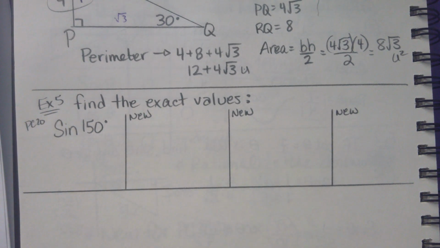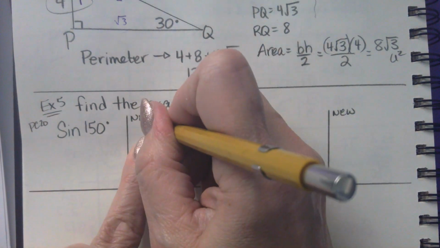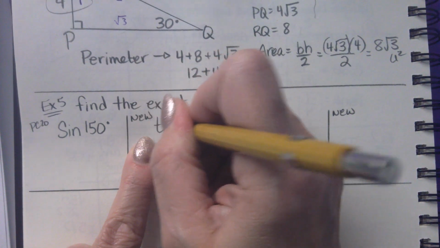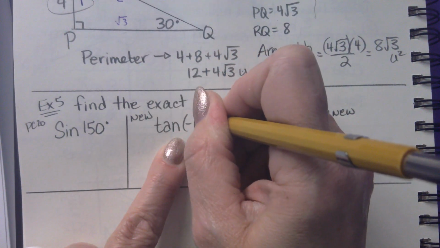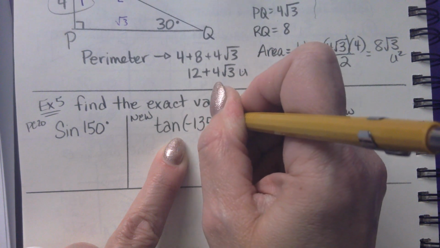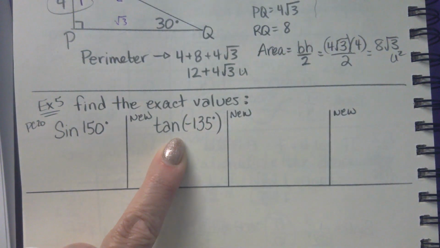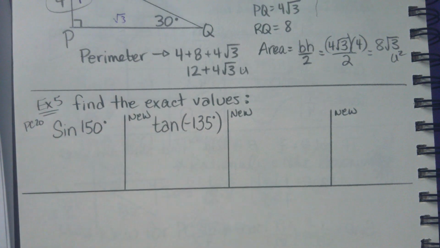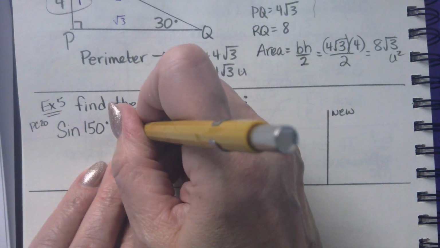A new one would be me throwing in a negative, so tan negative 135 degrees. So this would be your negative.